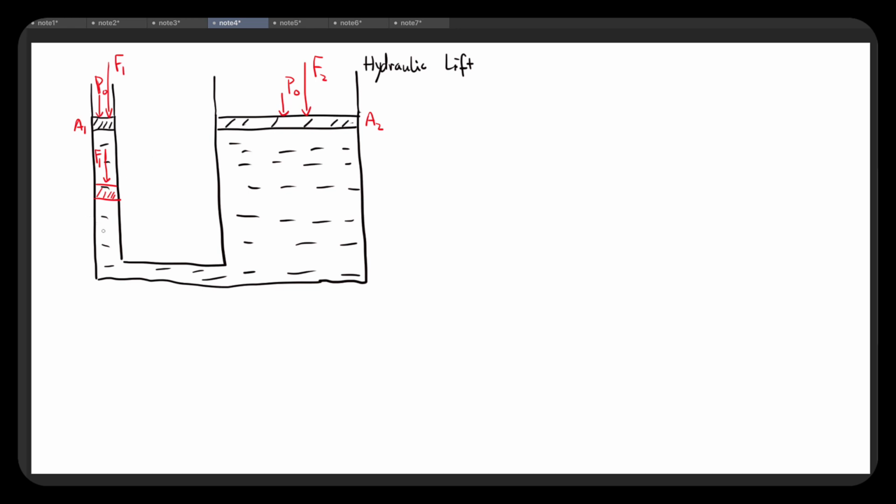And then because this liquid is incompressible, the right side must rise to a new height. And then the pressure acting on the surface here again is P naught plus F2 over A2, and here it is P naught plus F1 over A1.